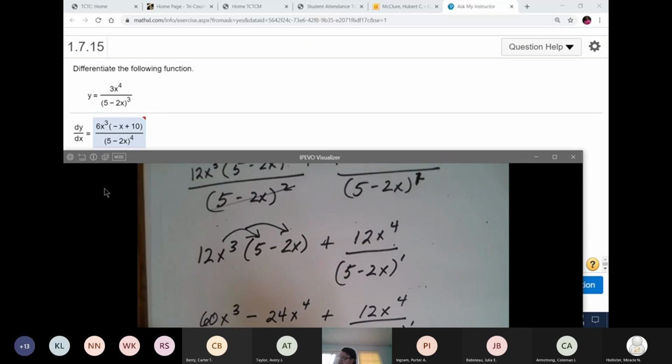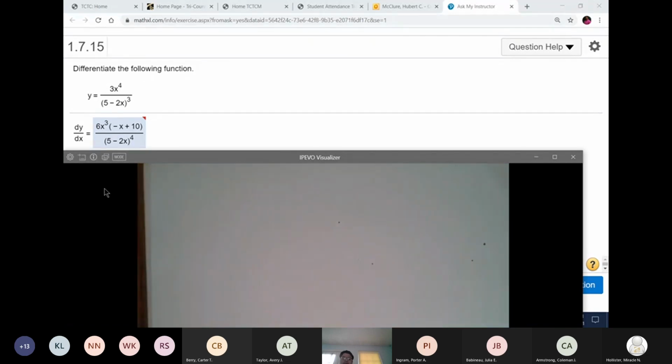And to get a common denominator, I'm going to have to multiply these two by 5 minus 2x. I don't know. It's a far stretch. There's the x to the third, but this right here is not going to work. I've got an error somewhere, y'all. I'm going to do it one more time with the quotient rule, make sure.